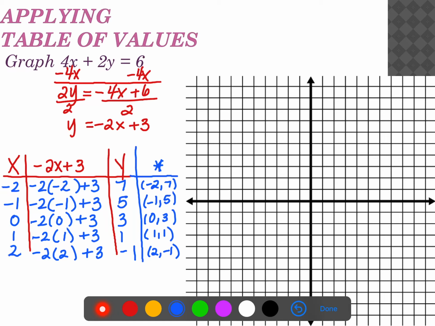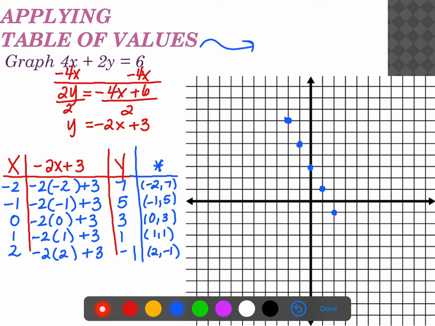All right, so now we're just going to plot our points. Okay, so (-2, 7), (-1, 5), (0, 3), (1, 1), and (2, -1).